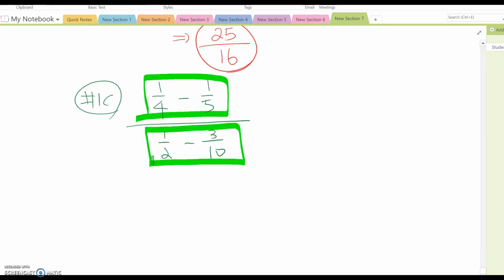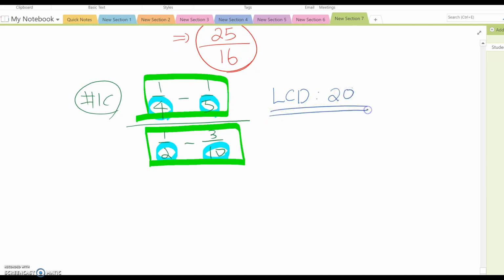So what are the denominator numbers? Yes, you see 4, 5, 2, and 10. Now you are looking for the LCD of all these 4 numbers. What is the LCD for those 4 numbers? Yes, if you found 20, that is correct.